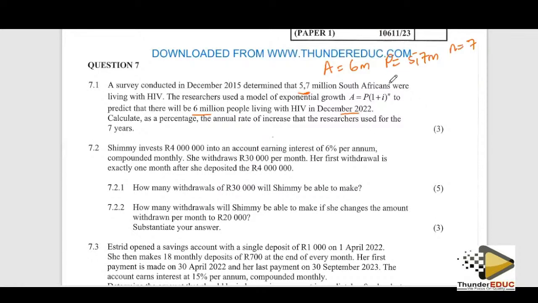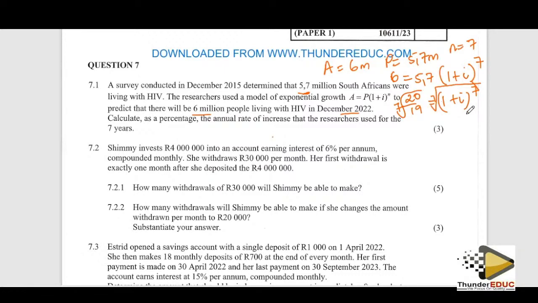Then just substitute into this formula. I have 6 is equal to 5.7 into (1 plus i) to the exponent of 7. Divide both sides by 5.7, which gives 20 over 19. So 20 over 19 is equal to (1 plus i) to the exponent of 7.